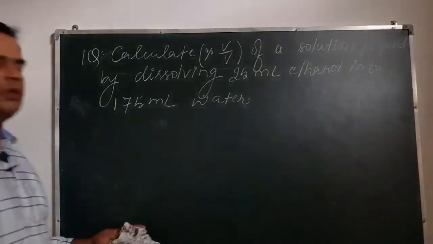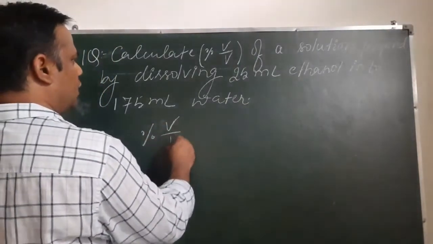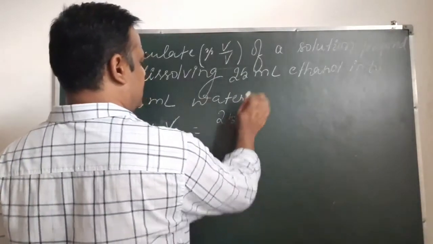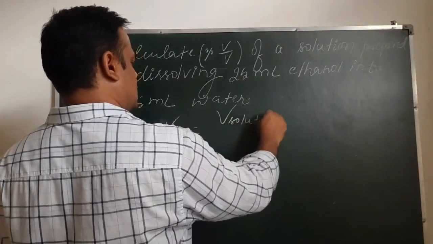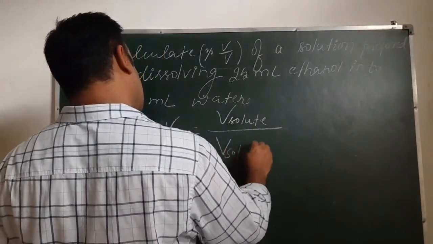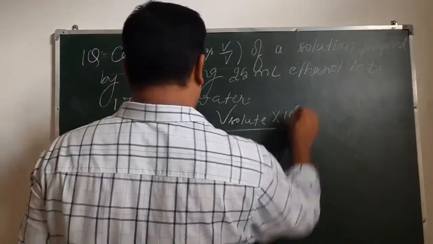To solve this question, we'll use the formula. Percentage volume by volume will be volume of solute, that is 25 ml, V solute, divided by V solution, and then multiplied by 100.